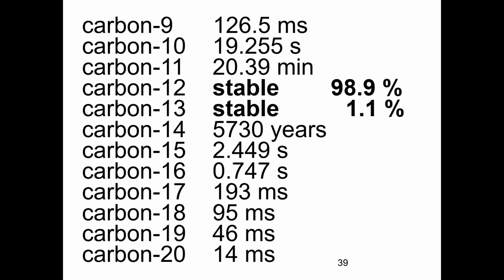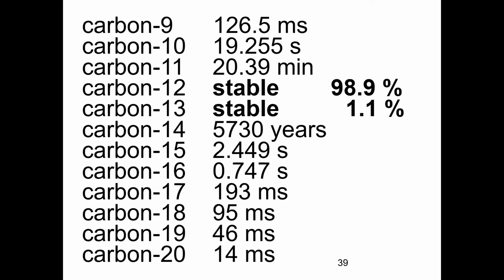Here's a list of the known isotopes of carbon. There's quite a few of them. Notice that only two are stable, carbon-12 and carbon-13. The rest are unstable and will change to something else. Again, we'll learn about that on another day. If I have a sample of carbon, it will be made up of all of these.